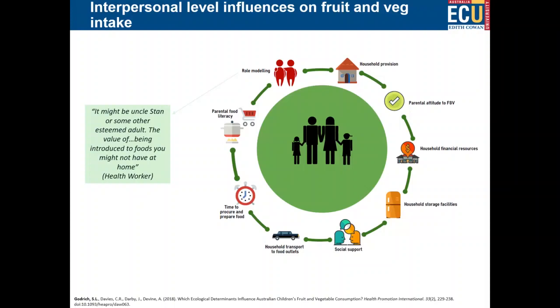It wasn't just parents, it was family, friends, or influential others that were having an impact on children's fruit and vegetable intake. The quote here from a health worker is, "It might be Uncle Stan or some other esteemed adult, the value of being introduced to foods you might not have at home." That shows how important it is for others in children's lives to have a role in influencing their fruit and vegetable intake.